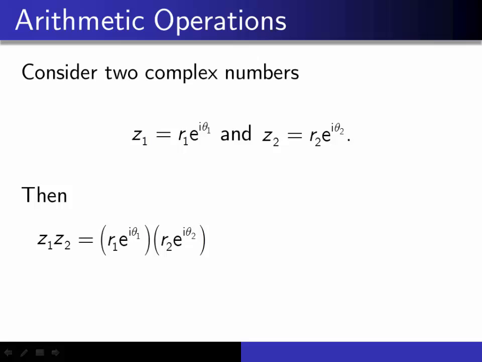Then let me rearrange the terms, and then apply the law of indices. Follow? Right, so now let us focus our attention on Z1 Z2, and what's all the way on the far right.